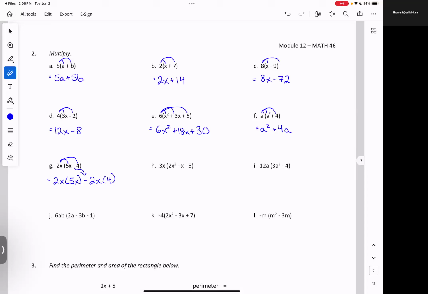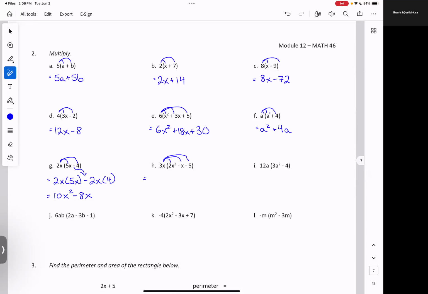And so 2x times 5x, we multiply our coefficients together to get 10, and then our variables together to get x squared. And then same sort of thing in the second one. So we'll have minus, and then we multiply our coefficients together to get 8, and our variable is just x. Okay, same sort of thing for this next one, but we have 3 terms.